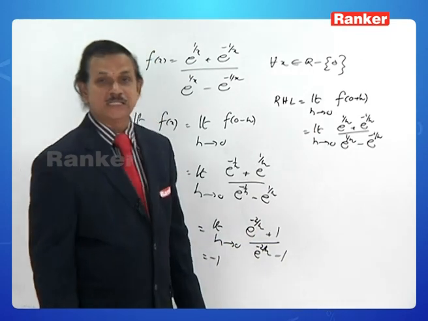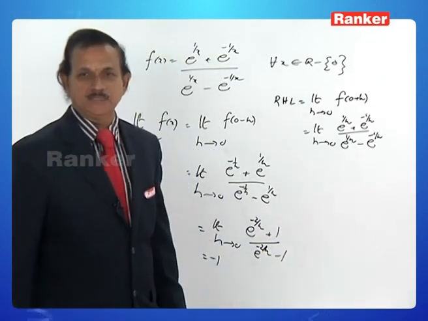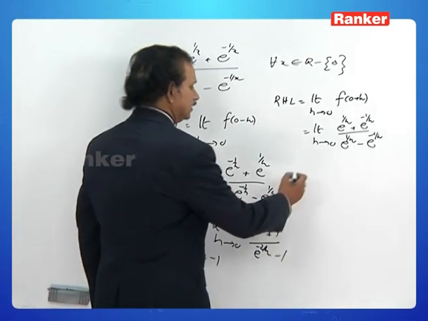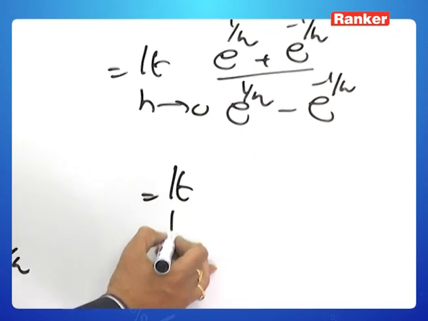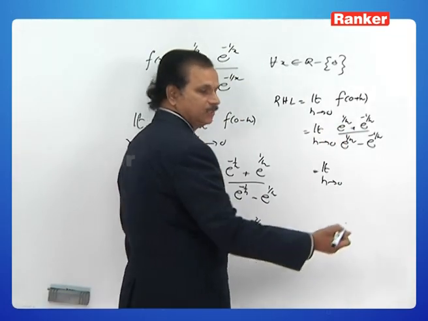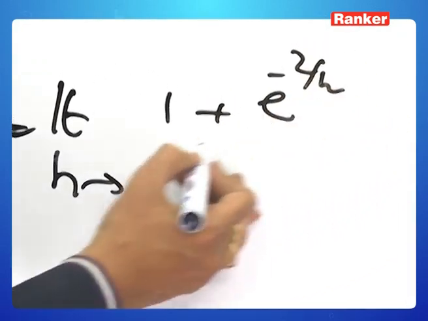As before, as we could do in this step, let us now repeat the same thing there also. That is, let me divide both numerator and denominator by the number e power 1 by h. Let us see what is going to happen. This is equal to e power 1 by h by e power 1 by h, 1 plus e power -2 by h by.